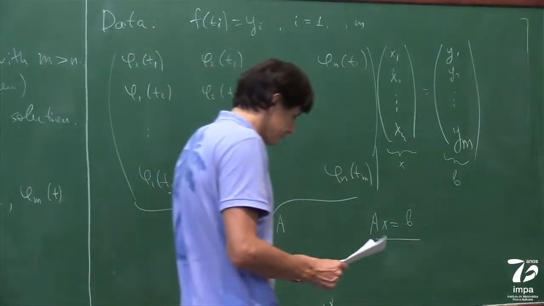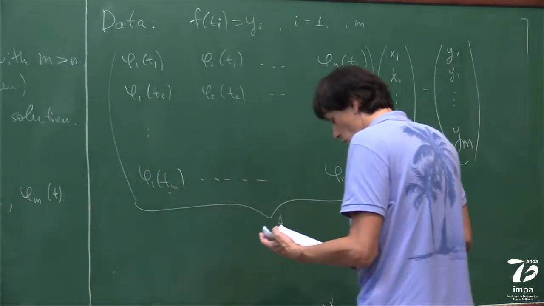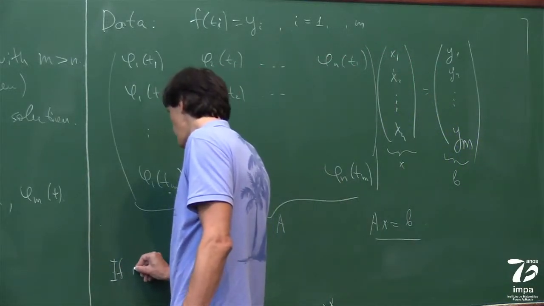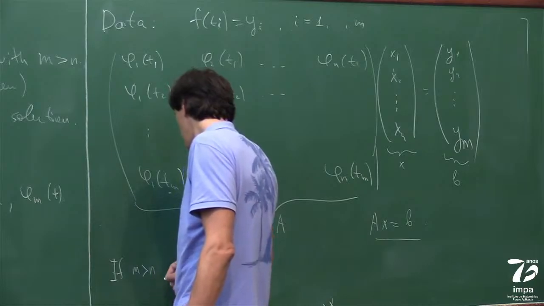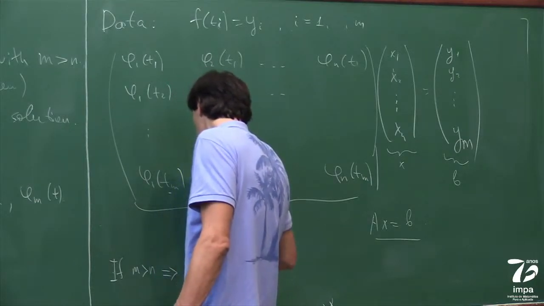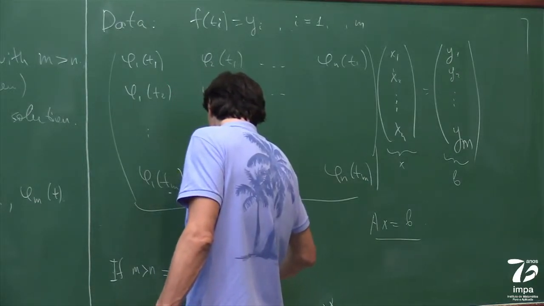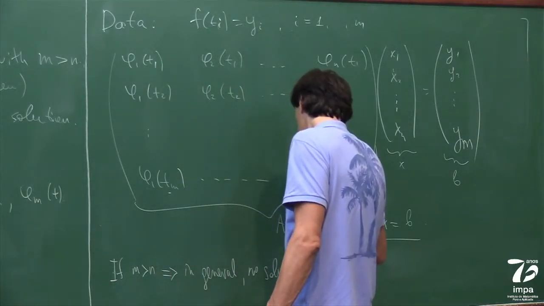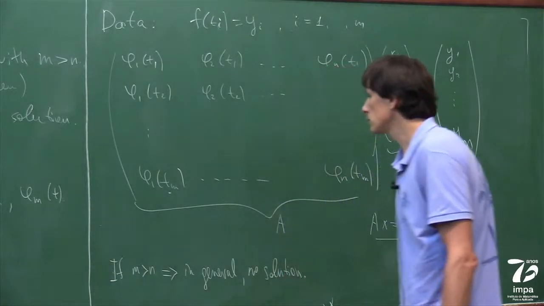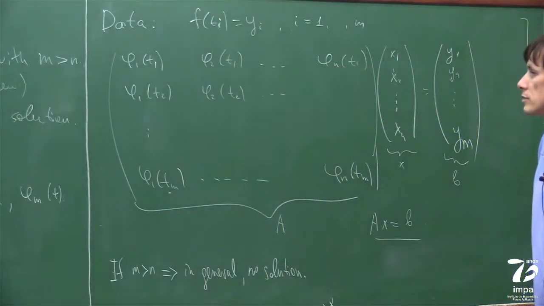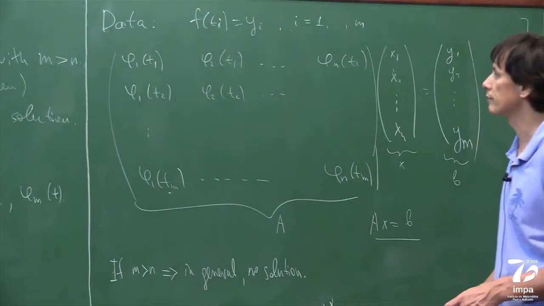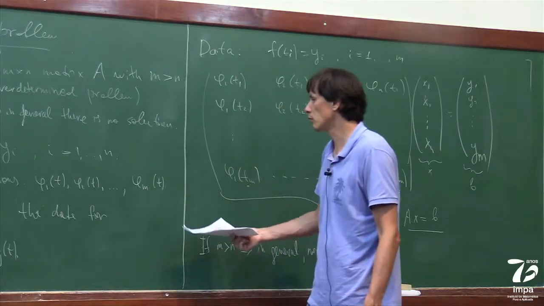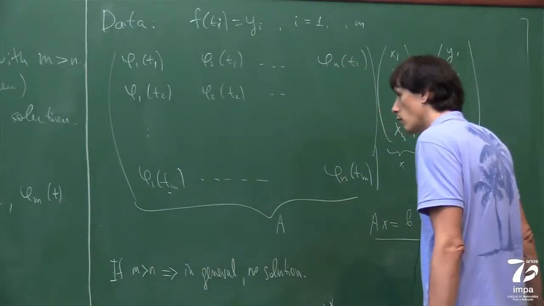Again, it's overdetermined. If m is bigger than n, then in general there is no solution. It's natural why there is no solution, because if we have a lot of data points, we cannot approximate a lot of data points with a smaller number of functions.